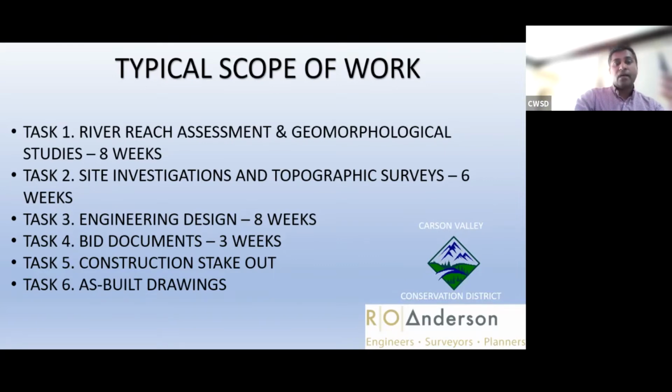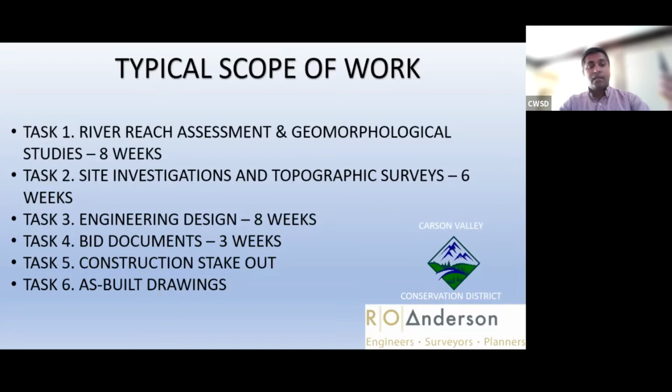And engineering design: we designed all these sites, all the 8 to 10 sites, at conceptual level. We presented to the client, and we got some review comments, and then we decided to concentrate on the 2 or 4 projects that we wanted to build in phase 1, and we took those to 60 to 90%, to construction documents, and solicited bids, helped our client with the selection process, and we went into construction, and we provided the construction stakeouts as they asked for.